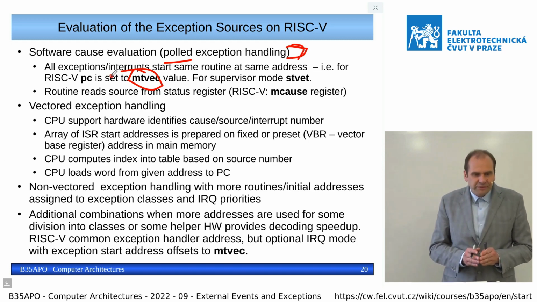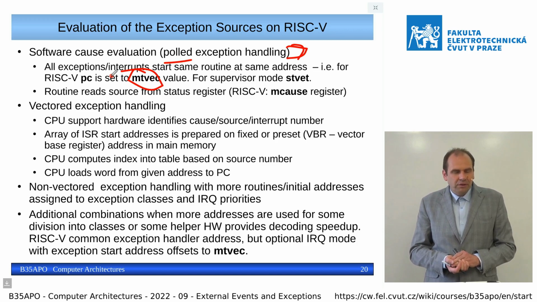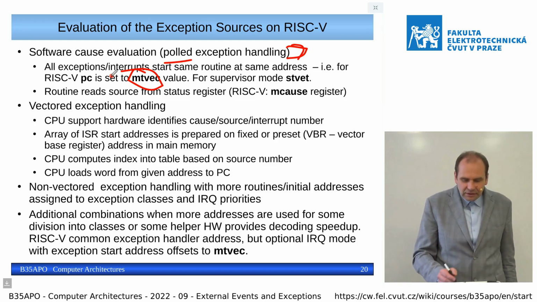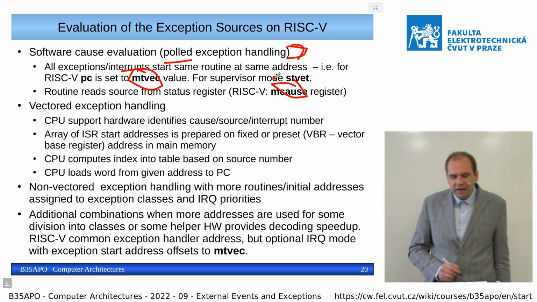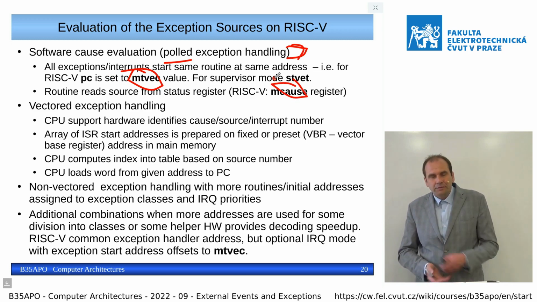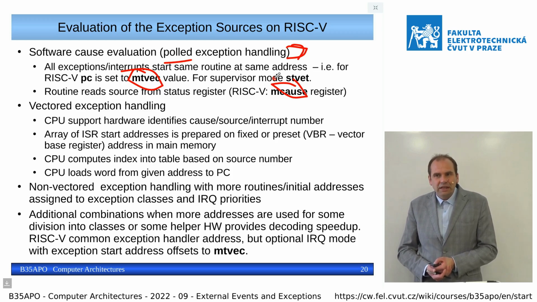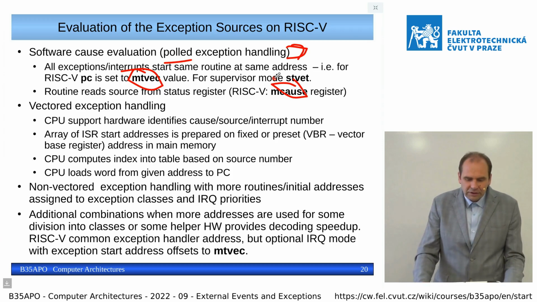So there is a single interrupt or exception servicing routine, and it decides what the reason is according to the mcause register on RISC-V, by the software. So it is software processing, decision making and routing of the events.